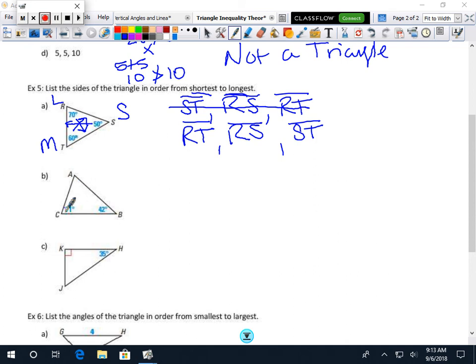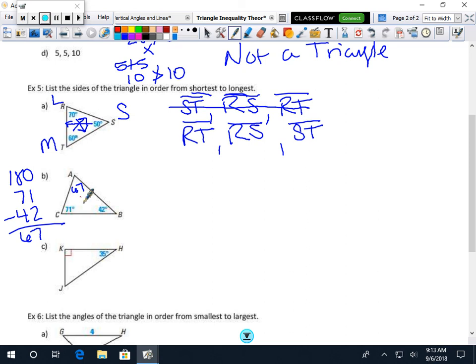So to find angle A, I could take the other two angles away from 180, and that's how much would be left over for angle A. So 180 minus 71 minus 42 would tell me that this angle is 67. So angle A is 67.